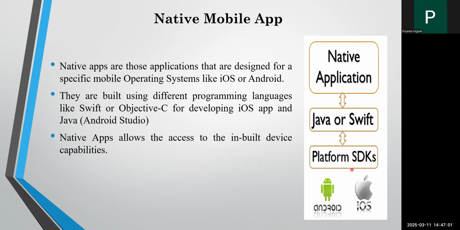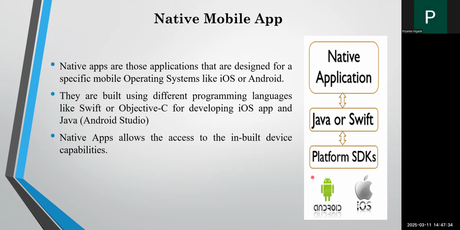One more point I would like to add here: due to the outstanding performance of native applications, guys, a user experience is guaranteed. It is quick and very fast also. Developing a native application might be costly, but performance-wise, a native application always gives you guaranteed results. Okay. So what is an example of a native application? We use WhatsApp, Spotify, right?